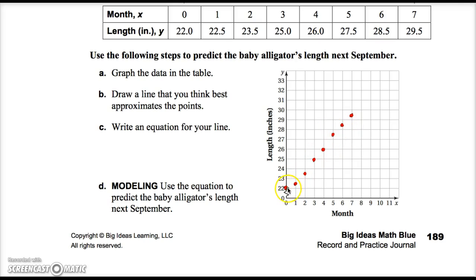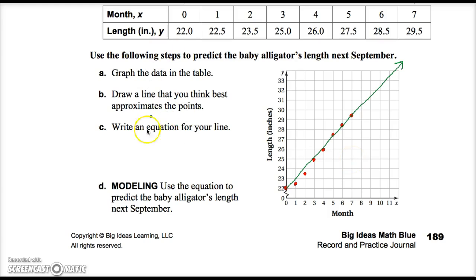If I start at 22 right here and come up, I want to pass through here and just keep going. Something like that.